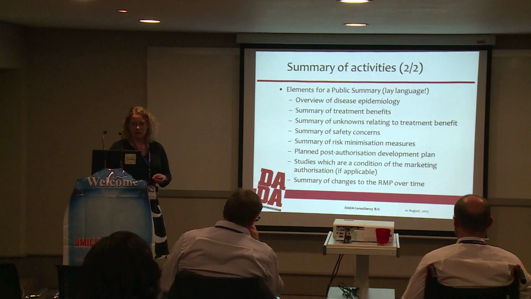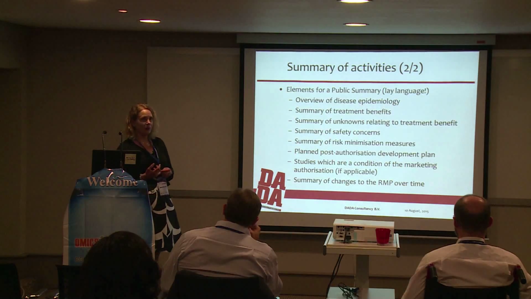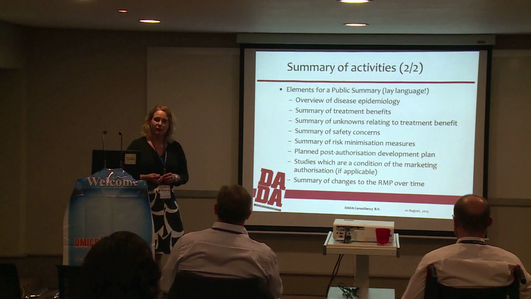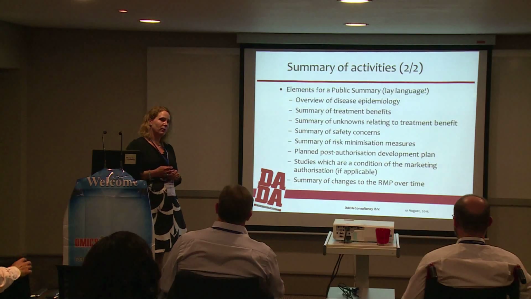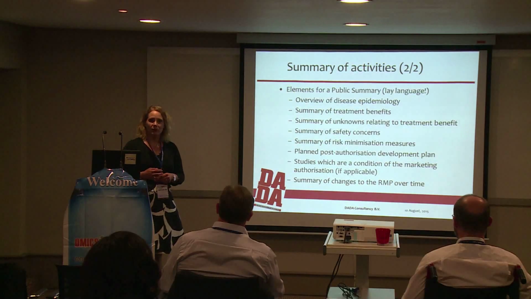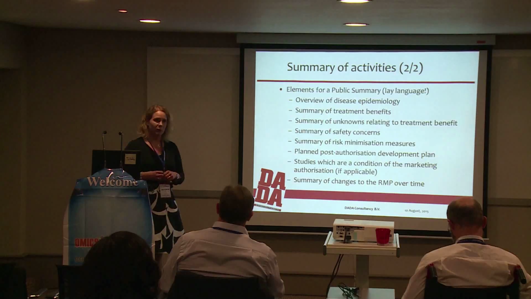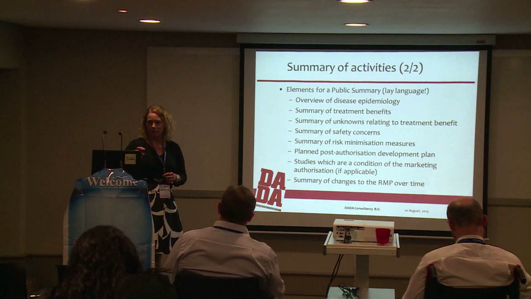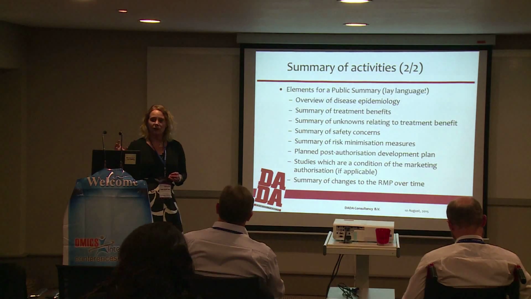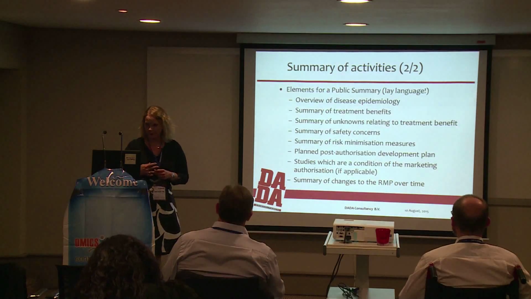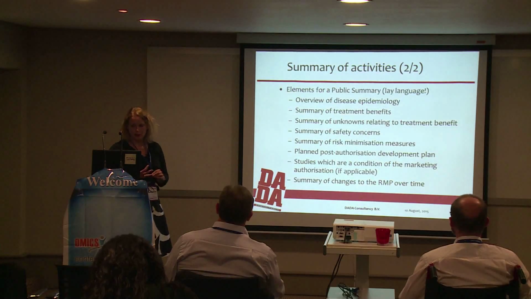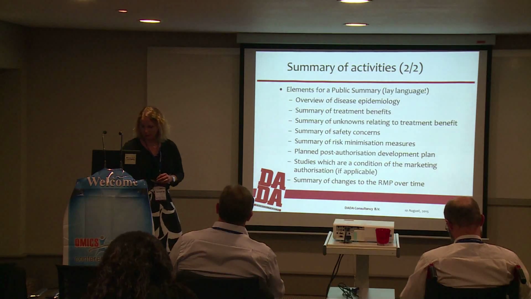Studies which are a condition of the marketing authorization. In Europe, it's possible that a regulatory body tells you, we will not grant you your marketing authorization unless you do a drug utilization study for this product. That's what we mean when it says a condition of the marketing authorization. And you have to show a summary of changes to the risk management plan over time.